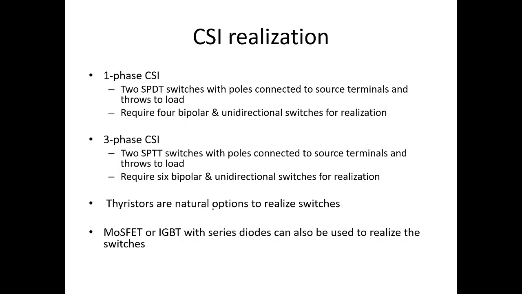In order to realize those, we require 6 bipolar and unidirectional switches. And to realize bipolar and unidirectional switches, thyristors are natural options. However, we can also use MOSFETs or IGBTs in series with diodes as unidirectional and bipolar switches. So this is it.